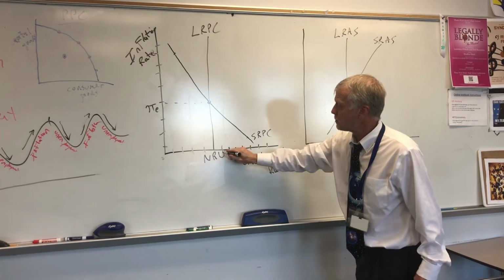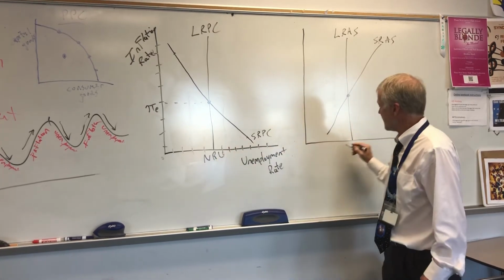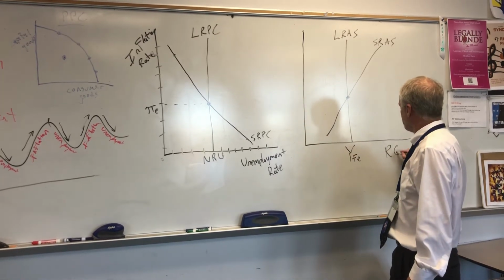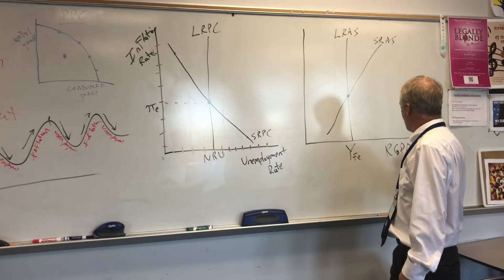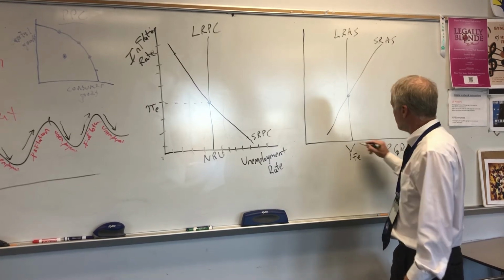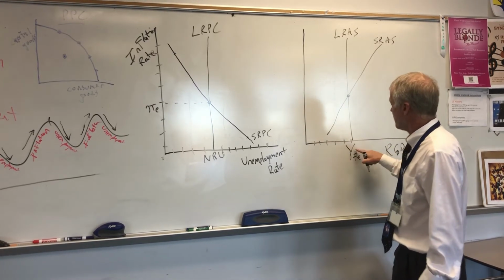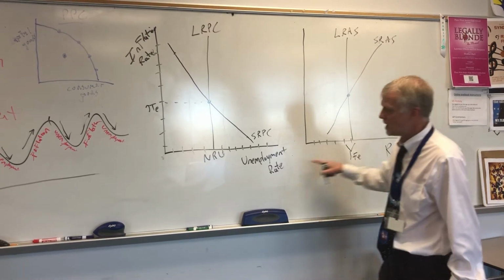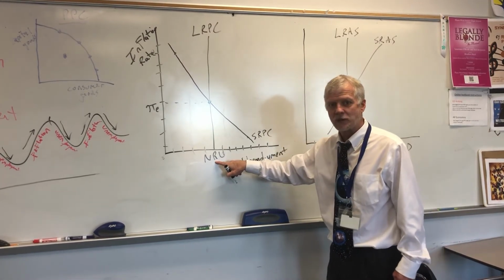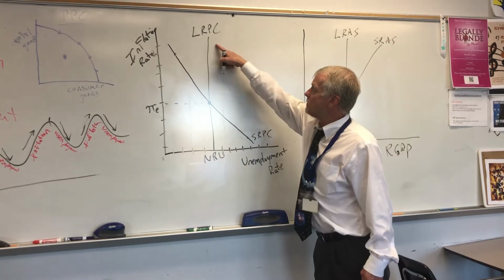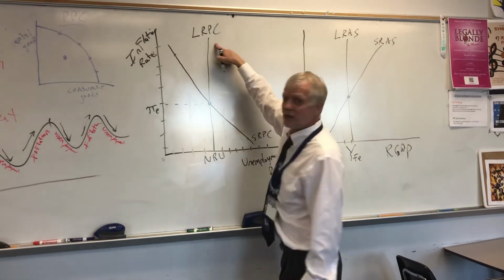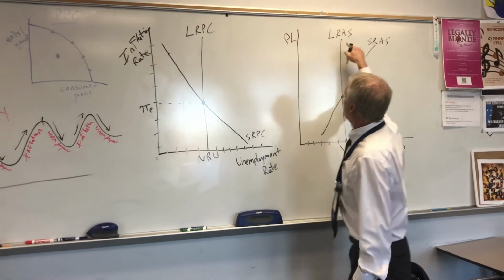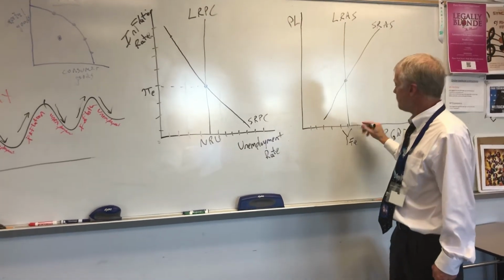The natural rate of unemployment of 4 to 6% is the output of a society at full employment. We know that output of a society at full employment is a society using all of its labor. Exactly the same thing as the natural rate of unemployment. So the long-run Phillips curve is representing a society at full potential. The long-run aggregate supply curve is representing the society at its full employment.